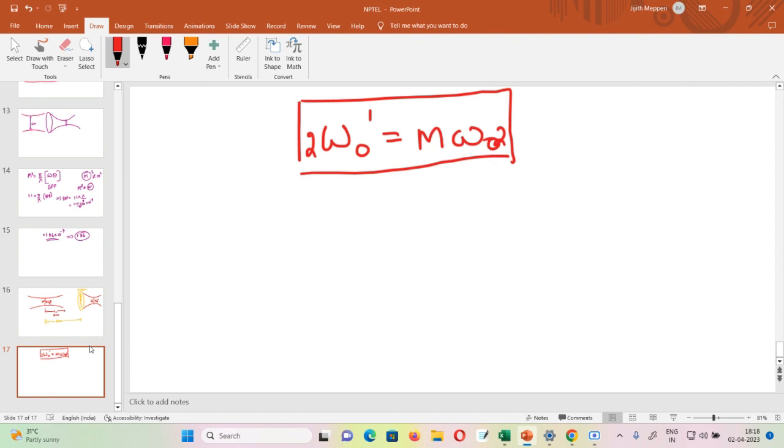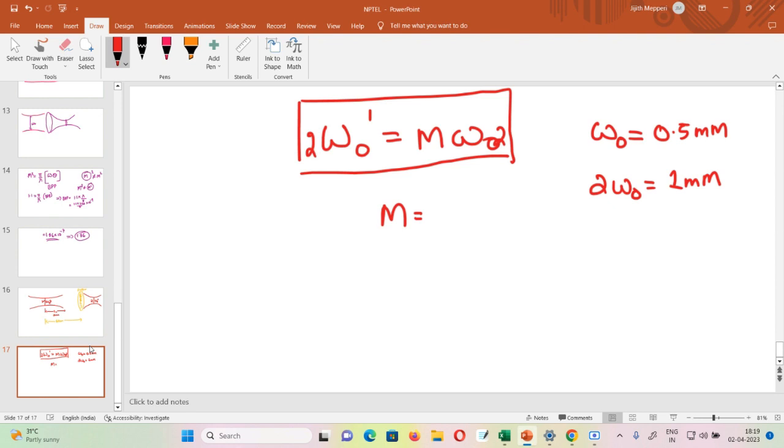First we have to calculate what is our m. Omega naught we already know: omega naught is 0.5 mm, or 2 omega naught is 1 mm. If you can find the magnification m, we can directly multiply and get this value.